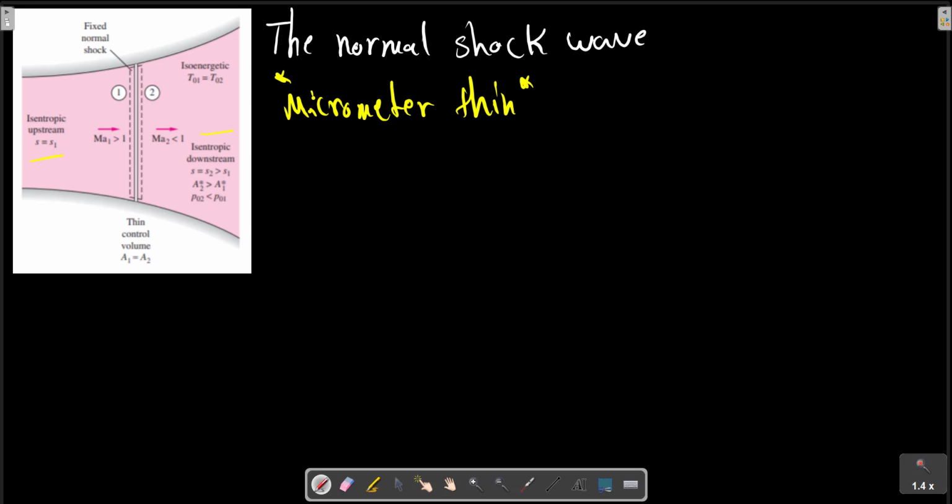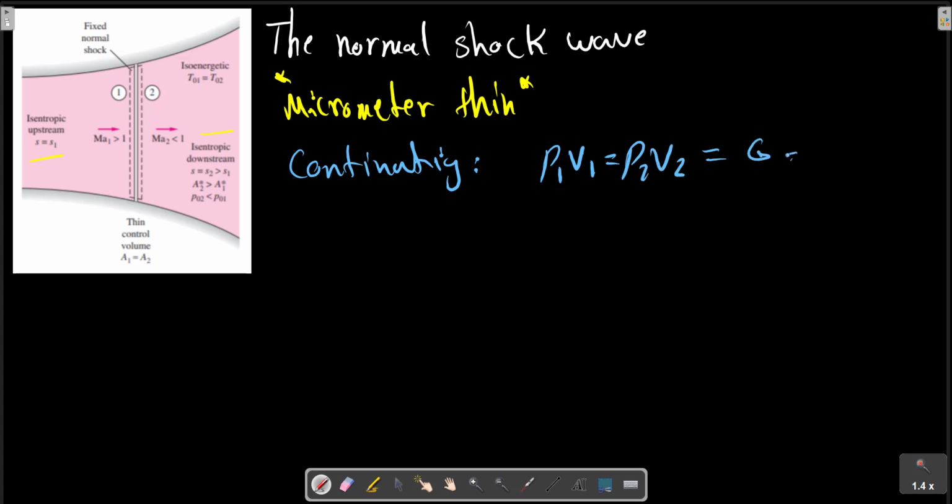Continuity equations. In compressible flows, we have the continuity, momentum, energy equations, and the equation of state. The continuity equation says that between sections 1 and 2, we should have rho 1 V1 equals rho 2 V2, and this is constant.